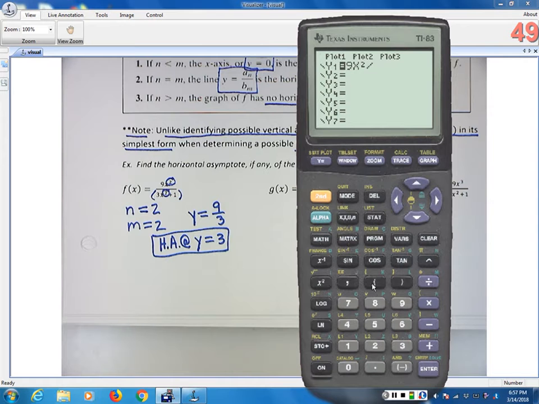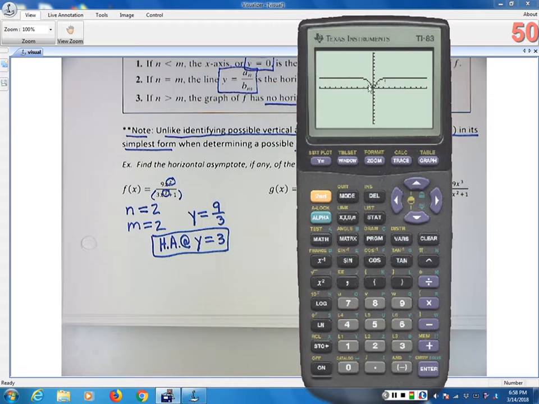Divided by, now you do have to put the denominator in parentheses, 3x squared plus 1. The trick might be to get the correct window, but we'll see what the window looks like. Oh, yeah, that works. This window's fine. The line y equals 3 is up here at 3.